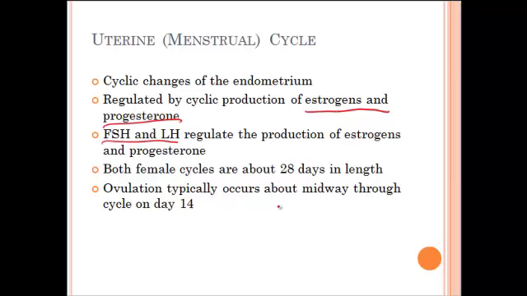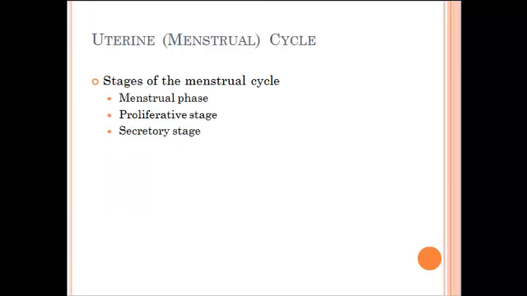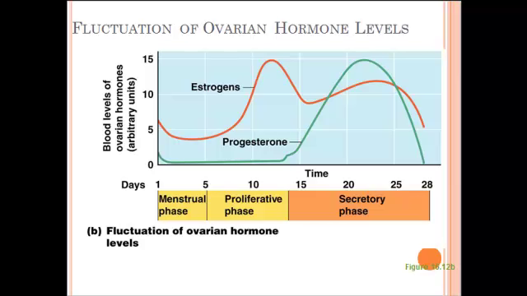So there are some stages of the menstrual cycle: the menstrual phase, the proliferative stage, and then the secretory stage. One menstrual cycle begins with the release of the menstruus.